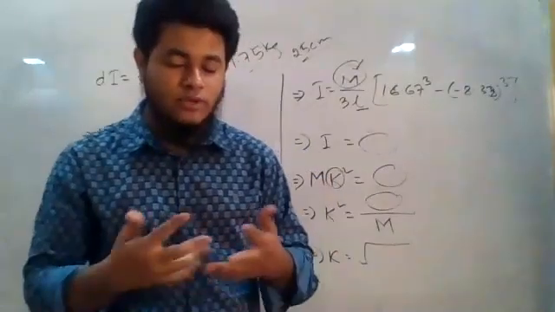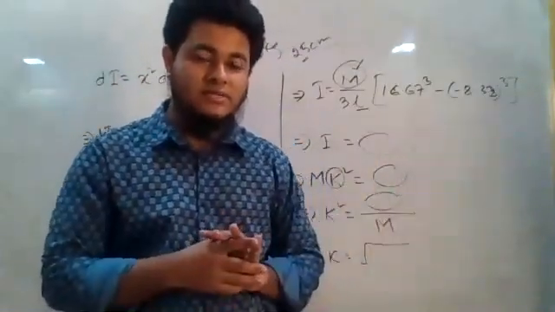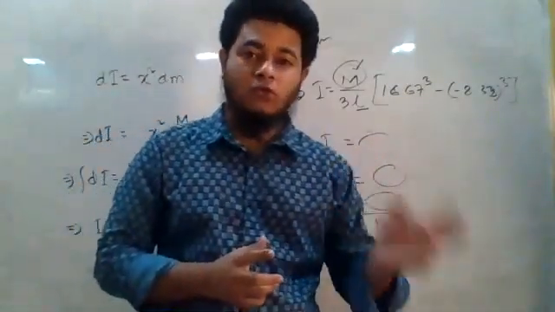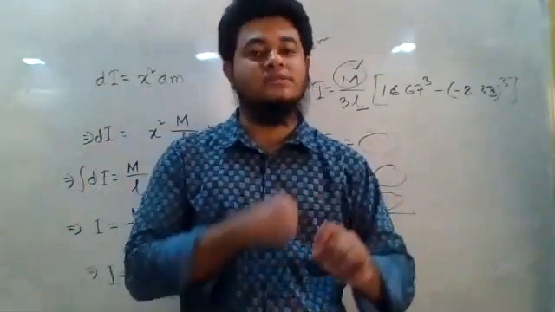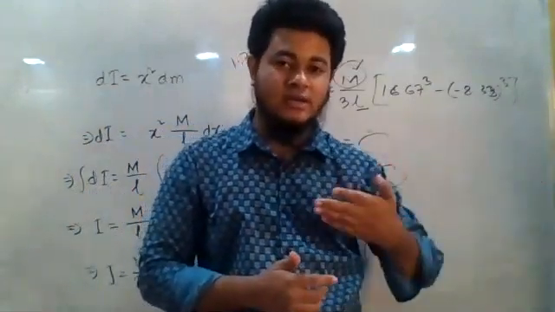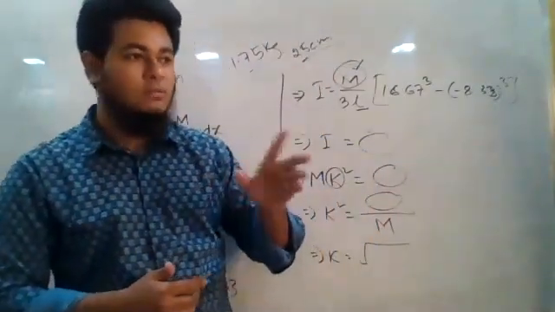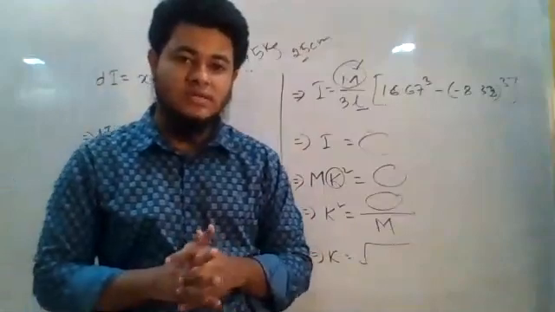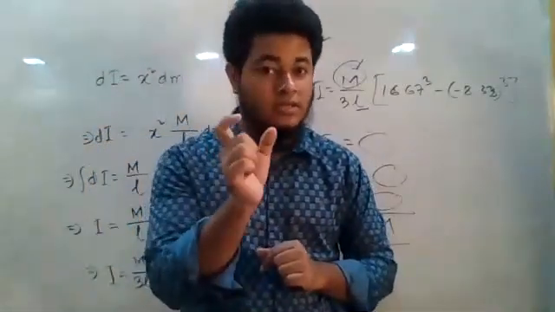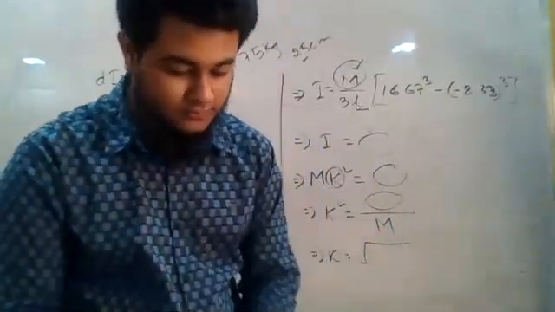So now it will travel a linear distance. If the linear distance is more than 4 meter, then we can say that yes, it will hit an audience, because the distance between the audience and the performer is 4 meter. But if the covered distance is somehow less than 4 meter, then it will not hit any audience. Now our target is to calculate the linear distance it will cover.